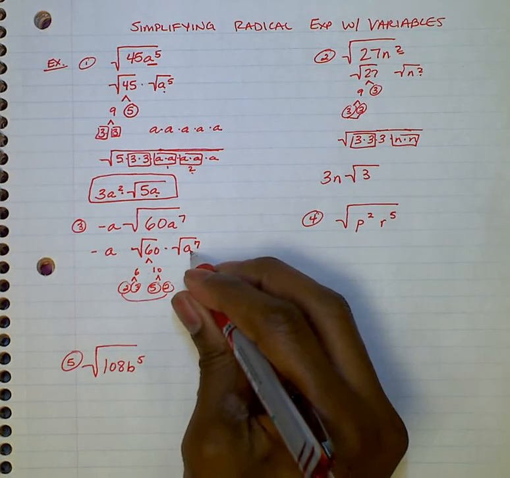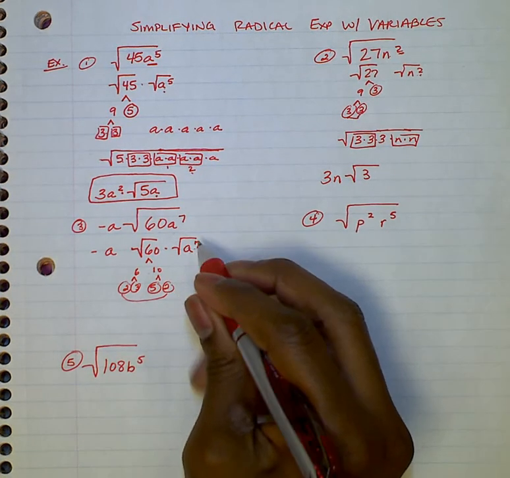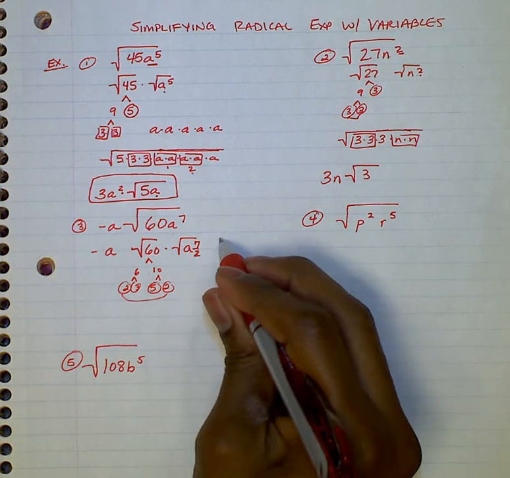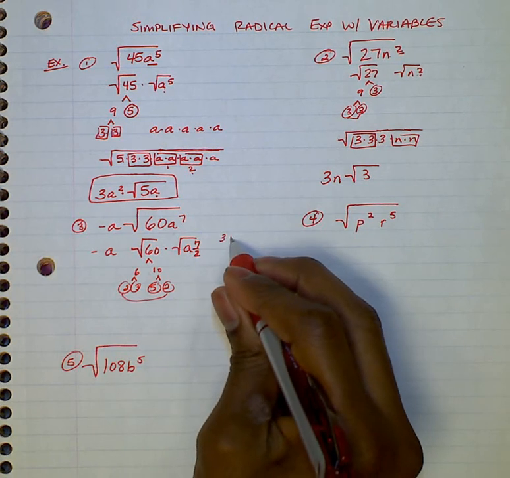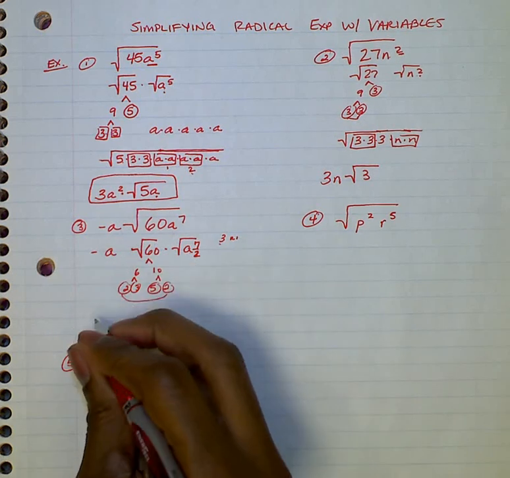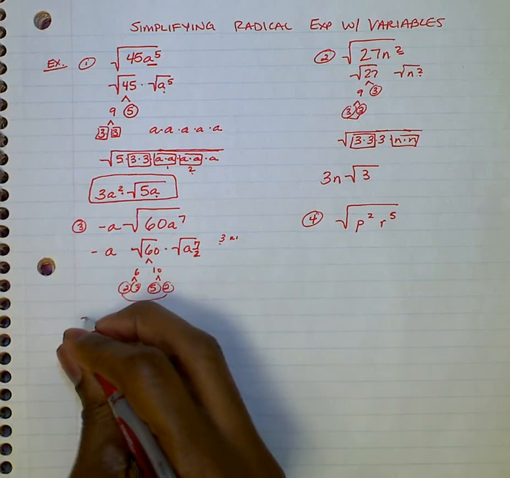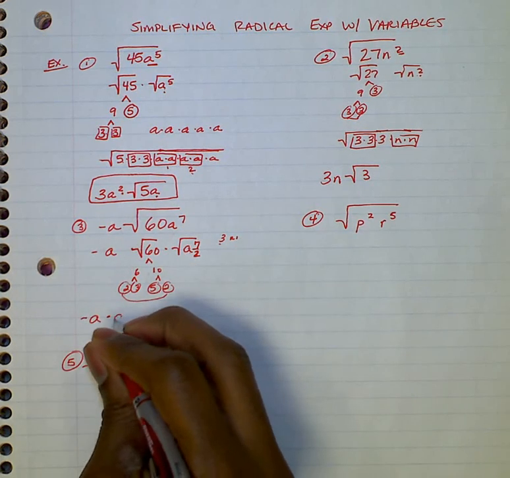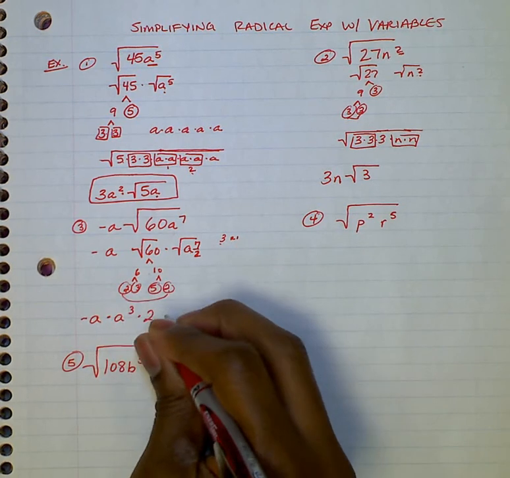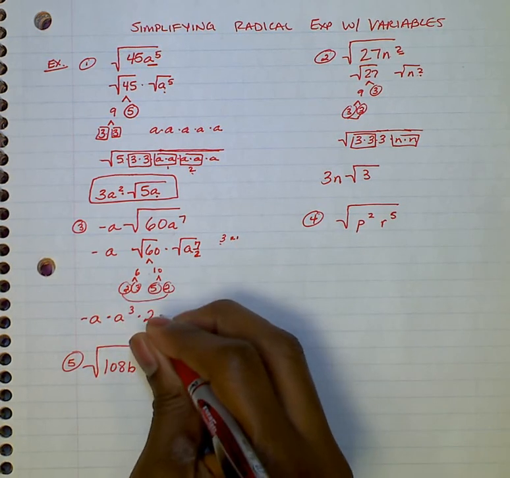A to the 7th, I don't want to write a 7 times. So 7 divided by 2 is 3 with 1 remainder. So I know I have a cubed on the outside. I already have a negative a on the outside, so I'm bringing along with it a cubed. I have a pair of 2's, and I have 5 and 3 that are left inside.